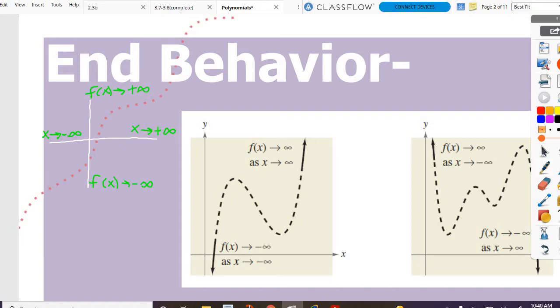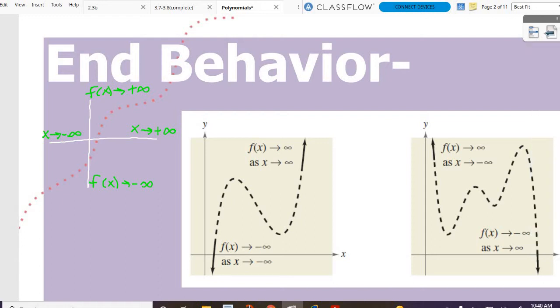When I'm on the right side of the graph, x is going towards positive infinity. And then from there, you just have to decide, is it going up or is it going down? So when I point down, my f of x goes towards negative infinity. As we're going up, f of x goes towards positive infinity. Does that kind of make sense?